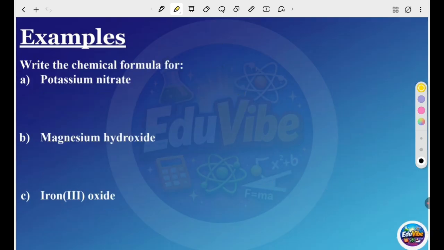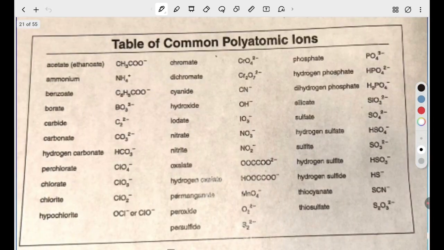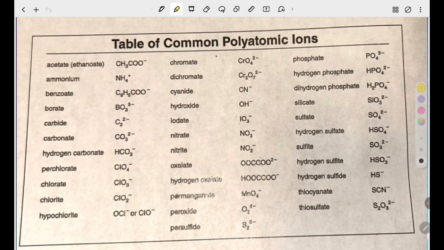Next, for example, if we have potassium nitrate, we know that potassium has K plus, and what is nitrate? Nitrate is a polyatomic ion. So if we go from here, we have nitrate over there, which is NO3 negative.